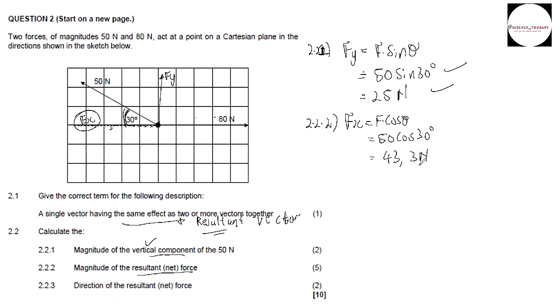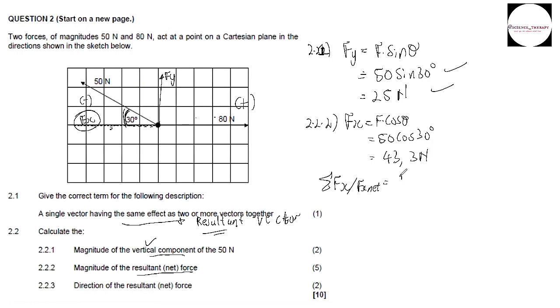Now to calculate the sum of Fx, or sometimes we say Fx net. This one is going in the positive direction, but this one is going in the negative direction. What do we know? If two vectors are going in opposite directions, the resultant can be found by subtracting the two vectors.